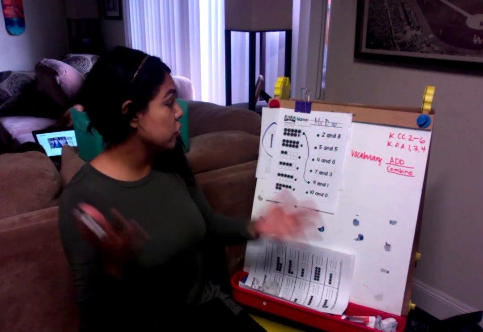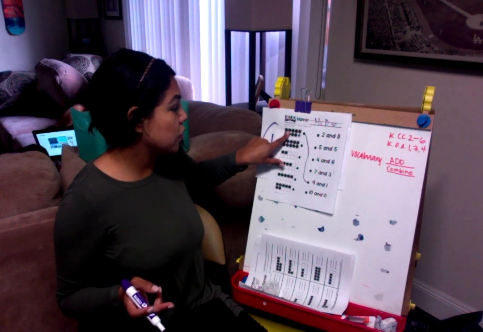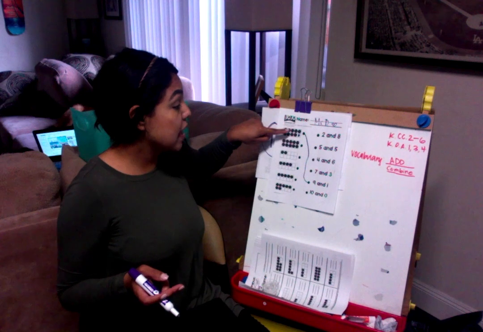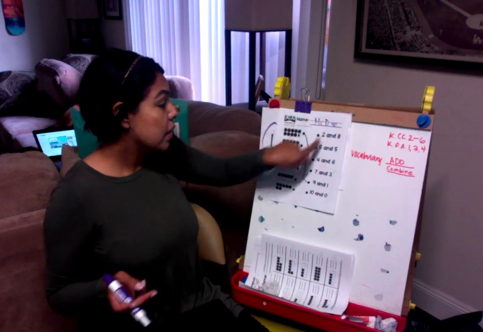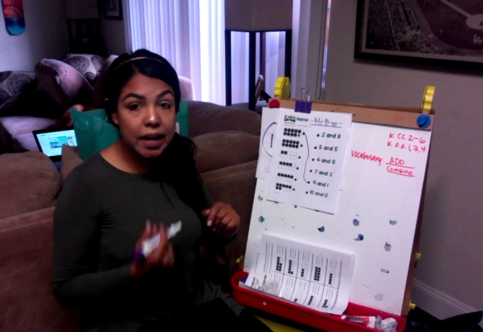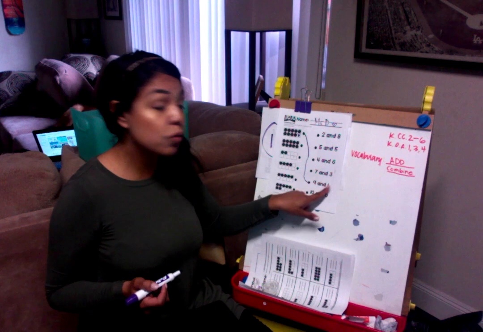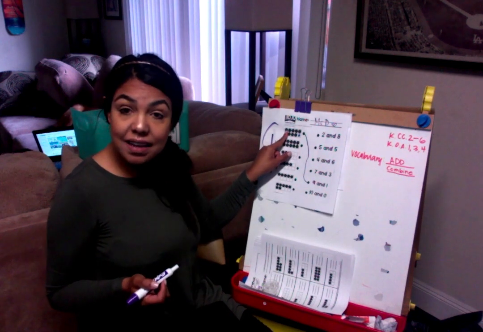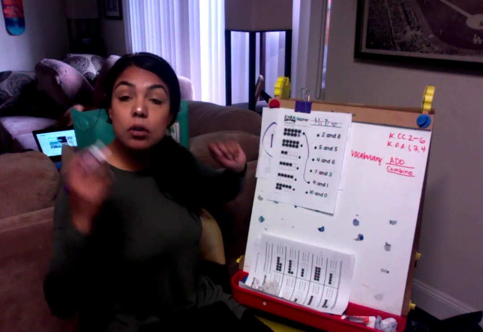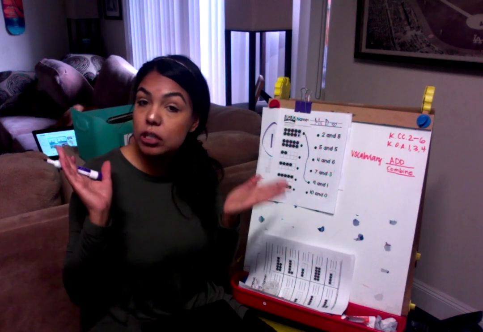So all we're going to do, guys, is connect the 10 frame to the matching make 10 statement. Your 10 frame has to match the correct friends of 10, okay? So I did a line because 9 and 1 make 10. Here I had 9 and I only added how many? 1. So think about how many you need to add and how many you already have in your 10 frame.